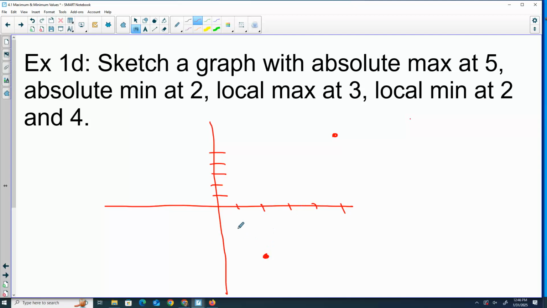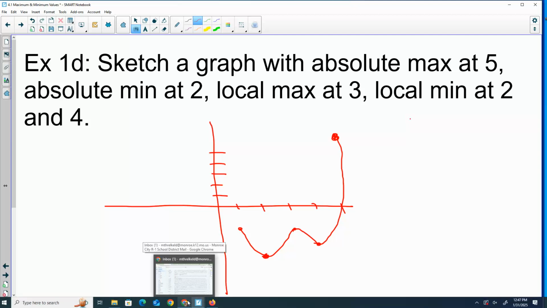No, because it has to be both a local and an absolute. So I'm going to come at 2. 3 just has to be a local max. I didn't tell you how high it was, but we're going to hit that point. If it's a local max, we have to turn around. I have a local min at 4, so when I get to 4, we have to turn around and come back and hit at 5. And that is an absolute, so that has to be the end.